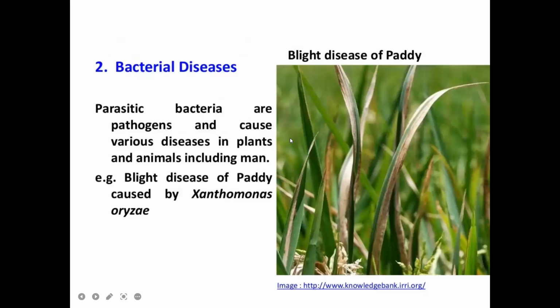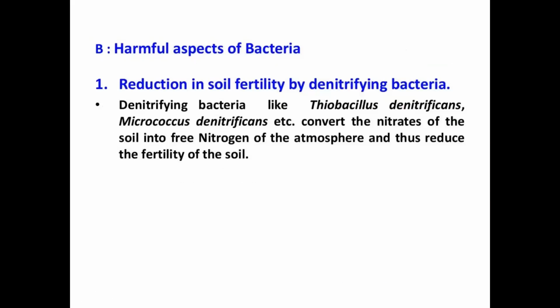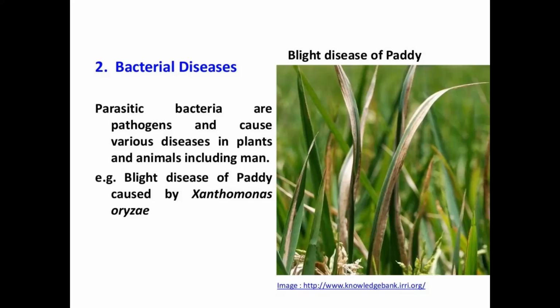Next. As students of plant sciences, you might know about many diseases caused by bacteria. First we'll look at blight disease of paddy. Here the bacteria cause disease in paddy fields or rice plants, and it is caused by Xanthomonas oryzae.